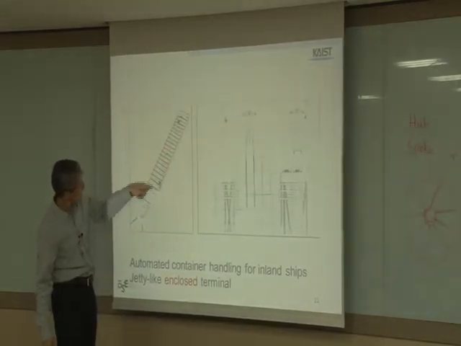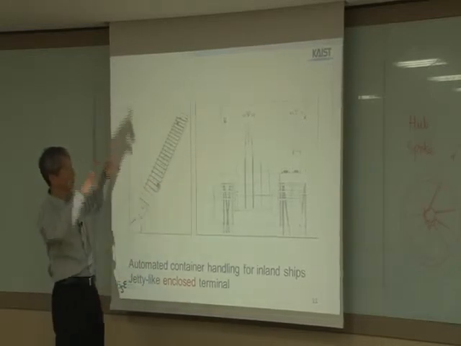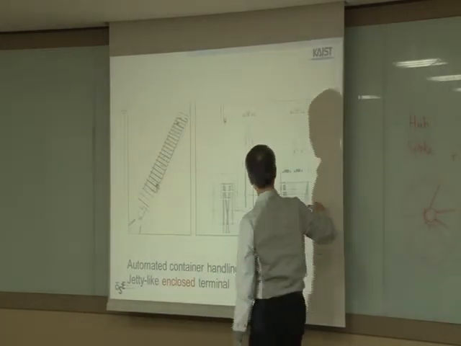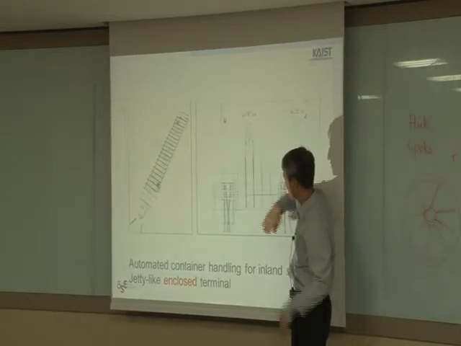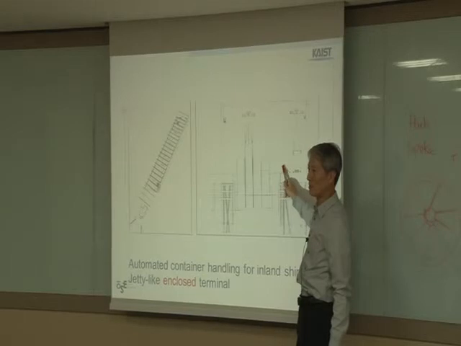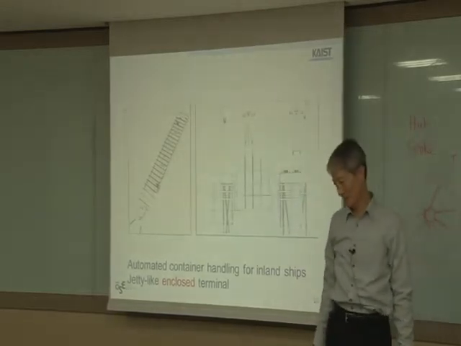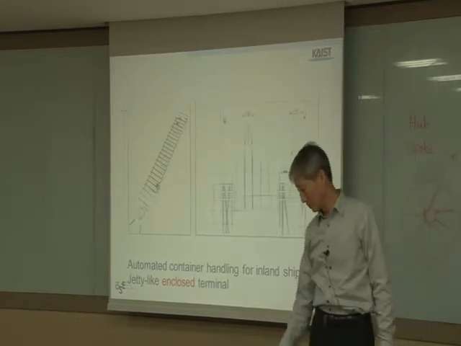But the terminal is bigger. This is the terminal, with cranes there. The cargo goes up and down into the ship. Ship is inside the terminal. This is very similar to B1 type mobile harbor, but we did not see this picture before. Anyway, automated container handling enclosed terminal.